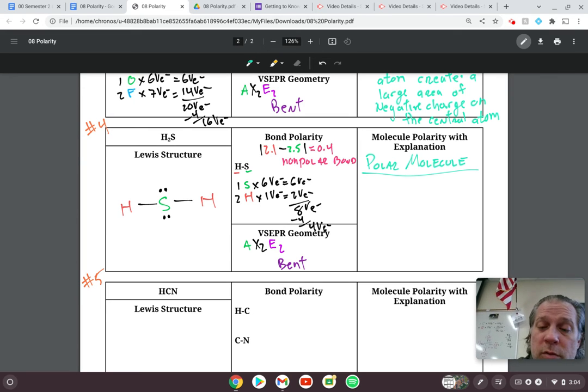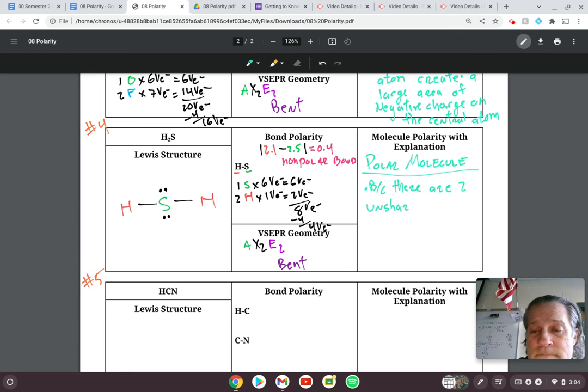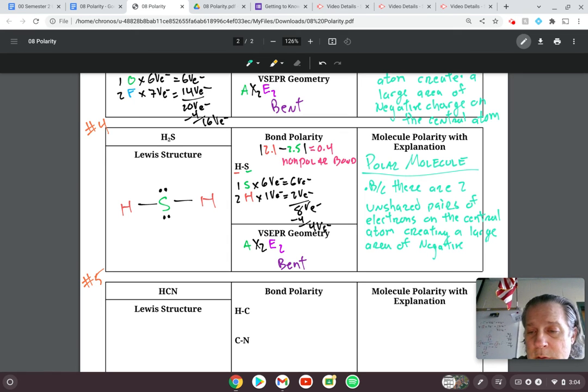And it's going to be a polar molecule because there are 2 unshared pairs of electrons on the central atom, creating a large area of negative charge on the central atom.